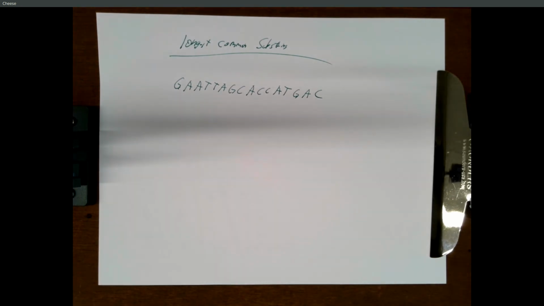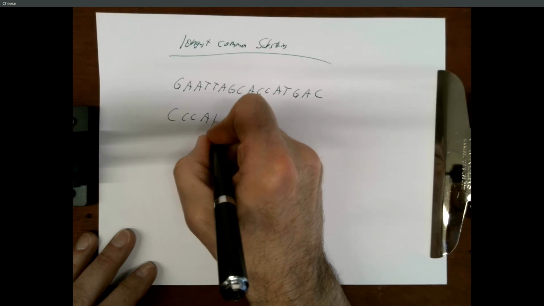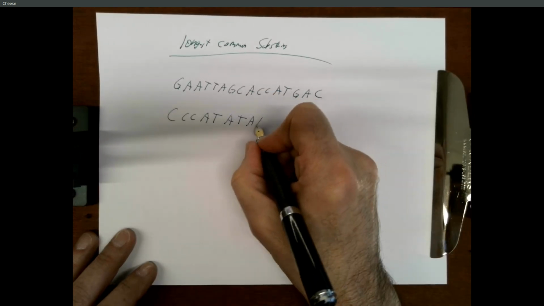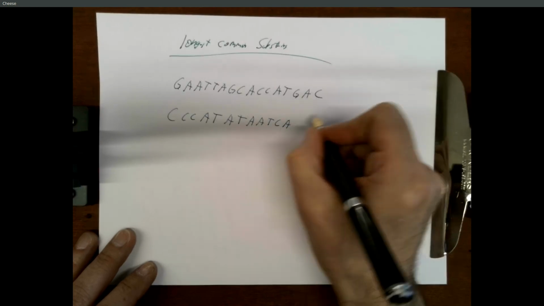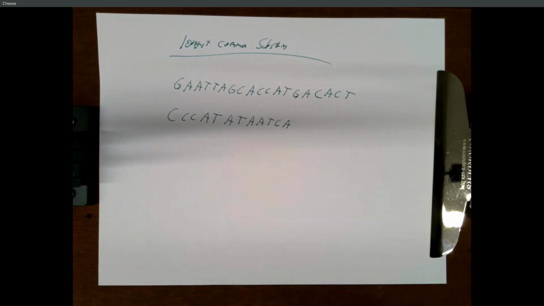Right, there's a strand of DNA, and here's another. There's another strand. They don't have to be the same length.